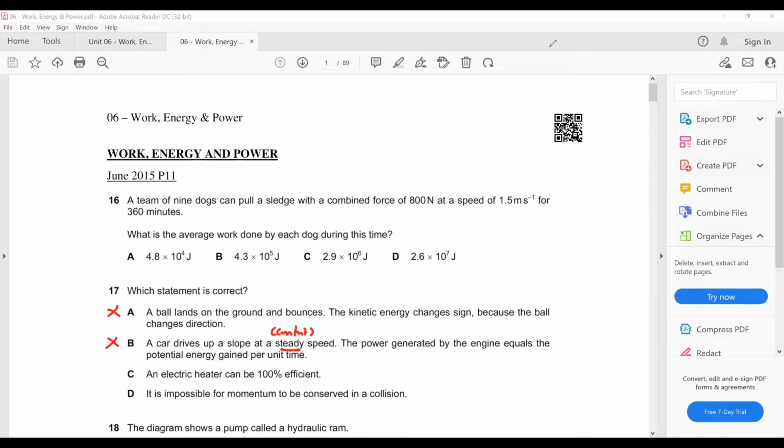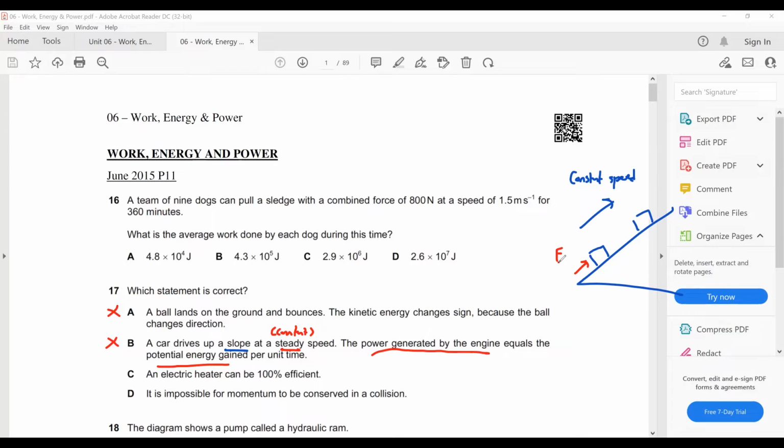Okay. Now, if you have a car that you drive up a slope at constant speed, this is your force F. The power generated by the engine must be equal to the potential energy gain per unit time.